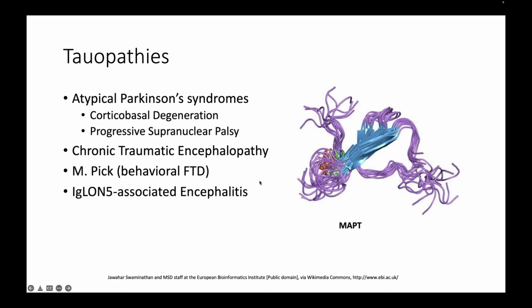Then we also have the tauopathies. So tau itself can also lead to neurodegeneration. Besides Alzheimer's disease, I think the most important ones are 2 atypical Parkinson syndromes, which is the corticobasal degeneration, where you have strictly one-sided Parkinsonism, and the dementia and the so-called alien limb phenomenon, that one limb seems to be not part of the body.